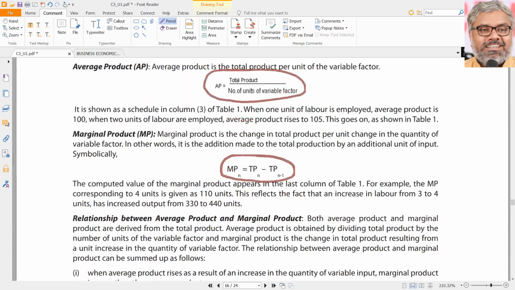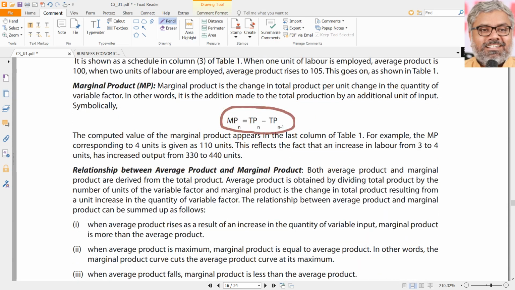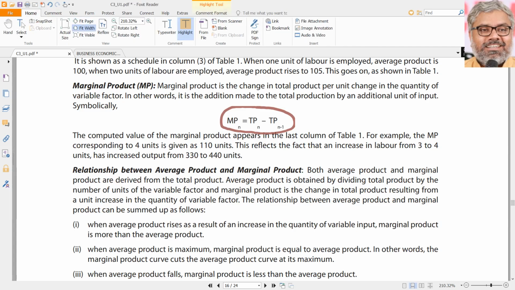Marginal, we know the concept already. Marginal is the additional output generated by employing one more additional input. Simple. That's what marginal always is. Nothing new here. But the only thing is that the concept is applied to the product. So how much change in the total product is going to happen per unit change in the quantity of the variable factor, that is input?